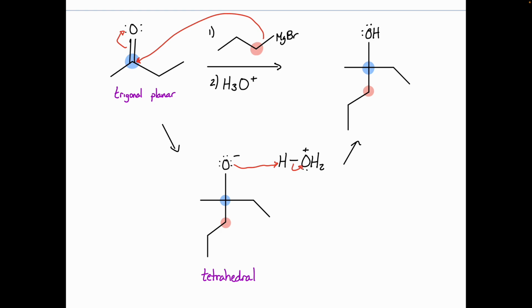So our electrophilic carbonyl carbon gets attacked by our nucleophile, we get this tetrahedral intermediate, and then we protonate that negatively charged oxygen to get our final product, our alcohol. This would have been a reaction that we learned in our preparation of alcohols chapter.